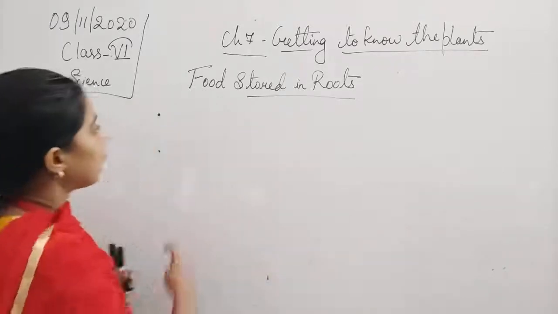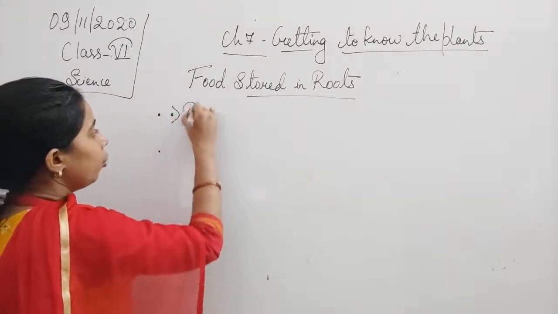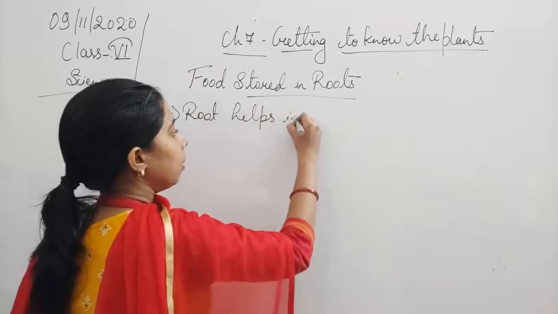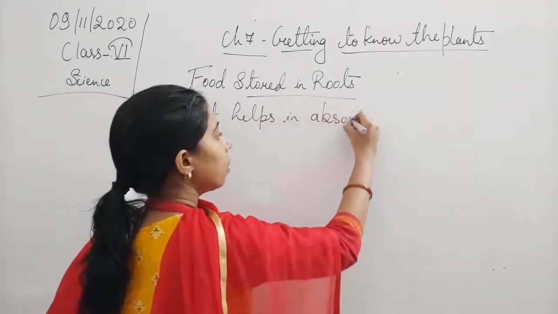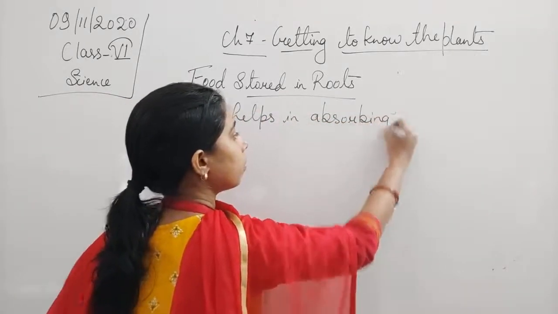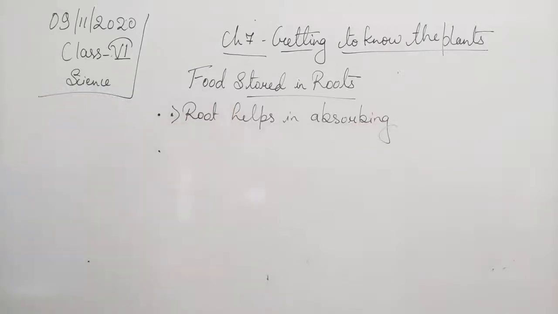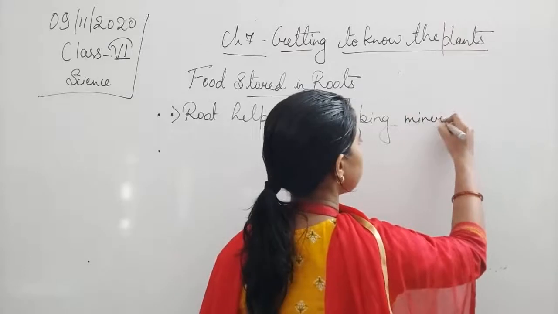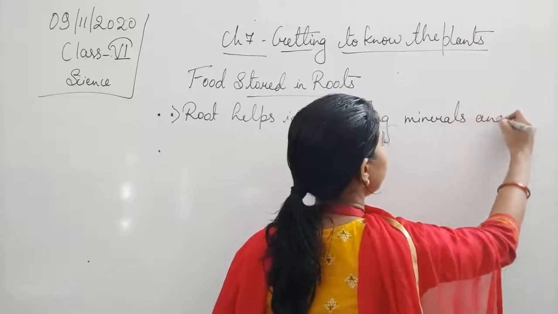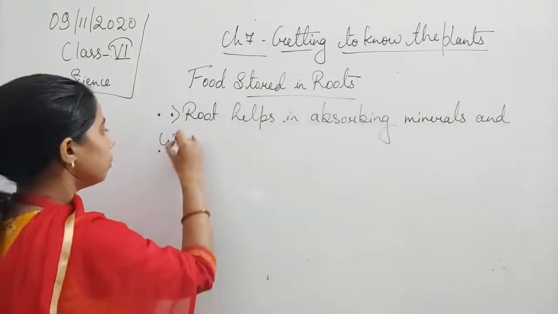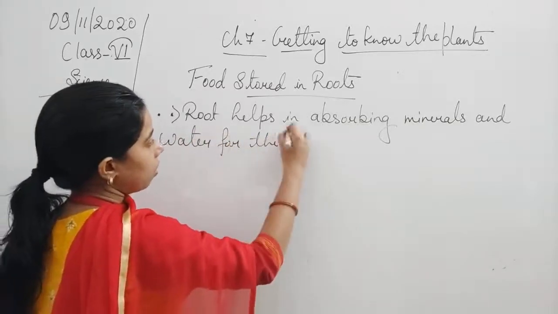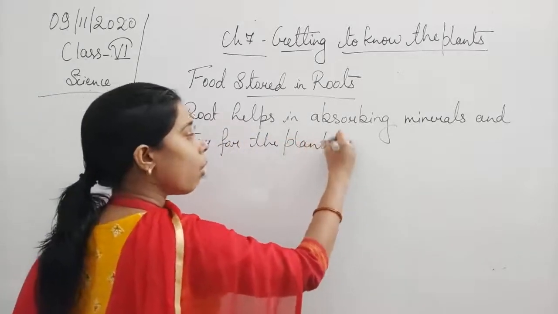So the first thing that we will write is that root helps in absorbing minerals and water for the plant. Okay, so it used to absorb all these things.